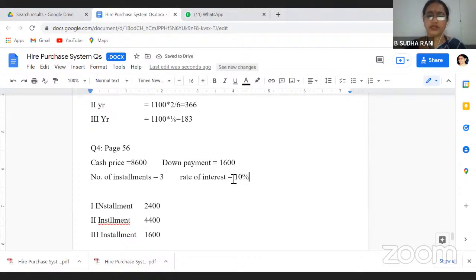Depreciation, we don't do anything here for the calculation, okay? Only while writing the journal entries we take it. It is not going to affect your working. Depreciation 20%.